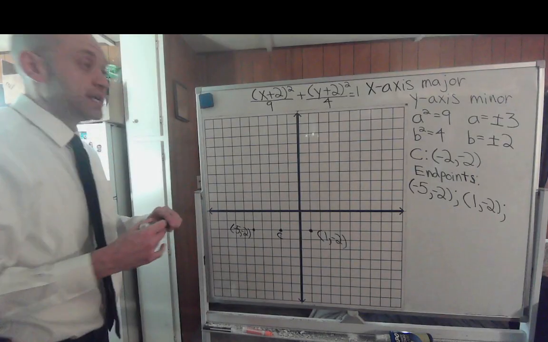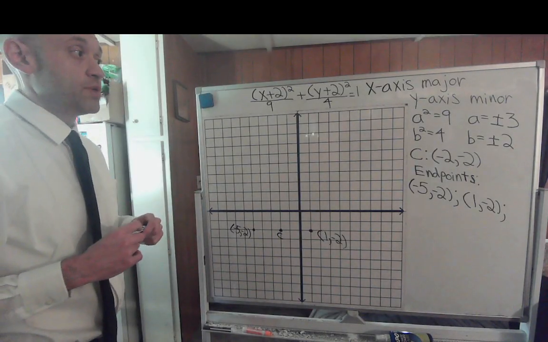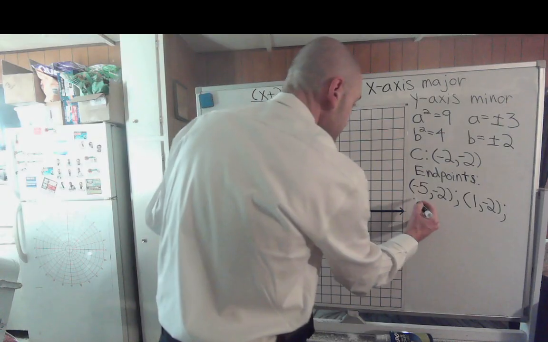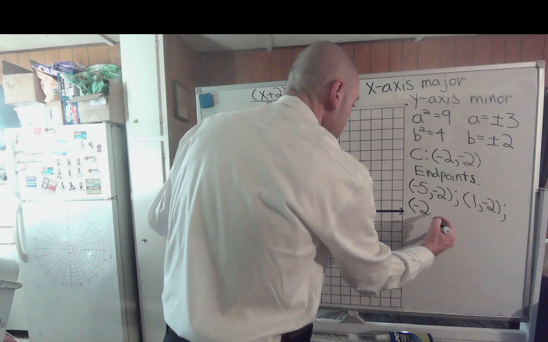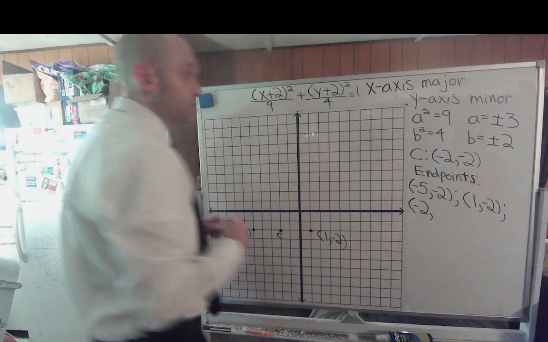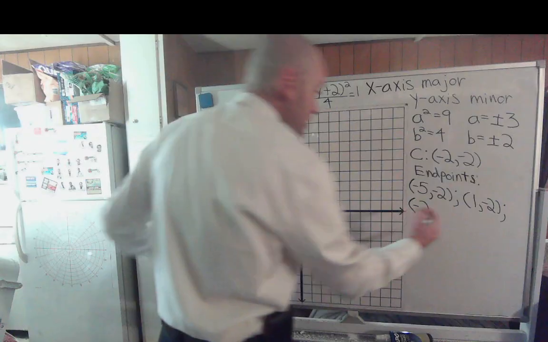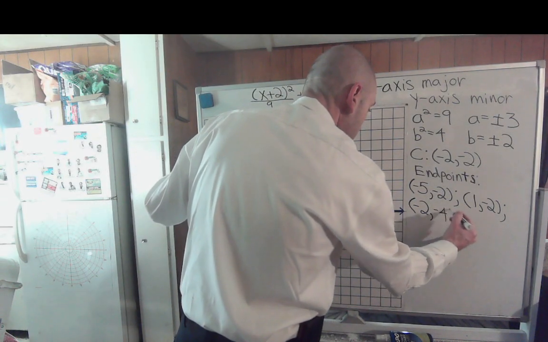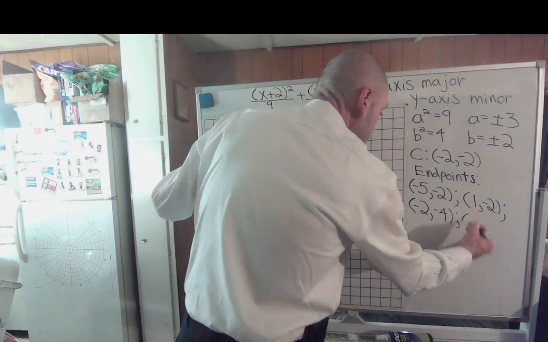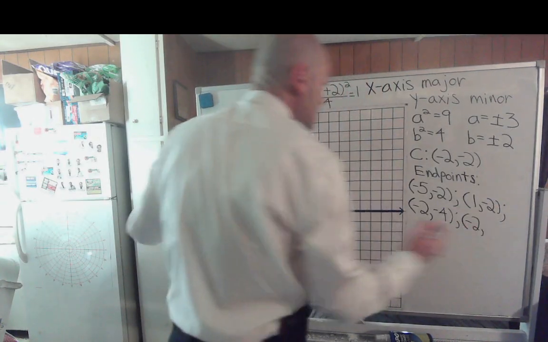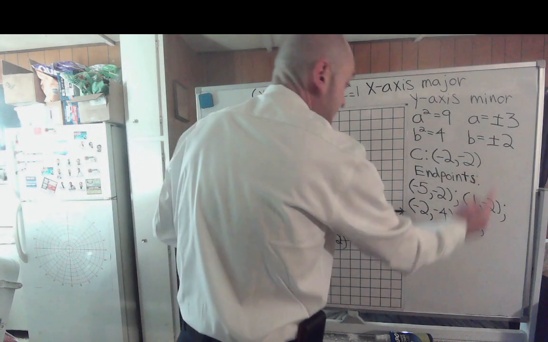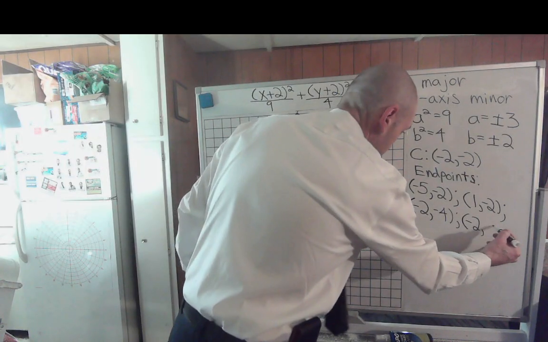Now, we need to find the minor axis endpoints. So this time for both of these, you're going to leave your x-coordinate alone, but you'll take that -2 first, subtract 2 from that. -2 minus 2 is -4. For your second coordinate, once again, leave that -2 alone, but this time add 2 to -2, you get 0.